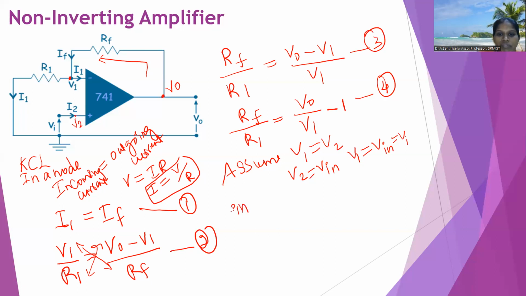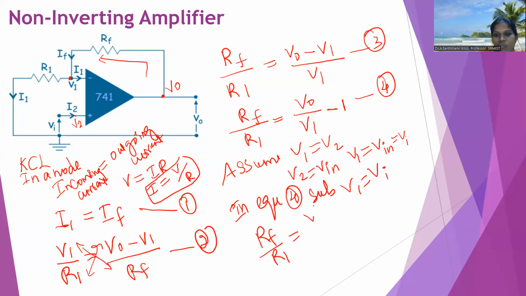In equation 4, substitute V1 equal to Vi. So, Rf divided by R1 equal to V out divided by V in minus 1.